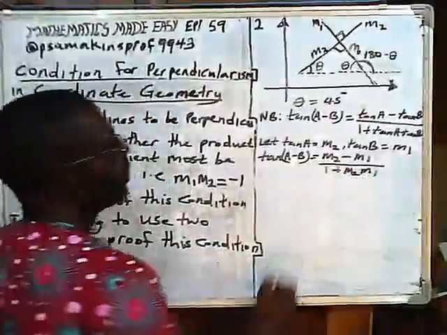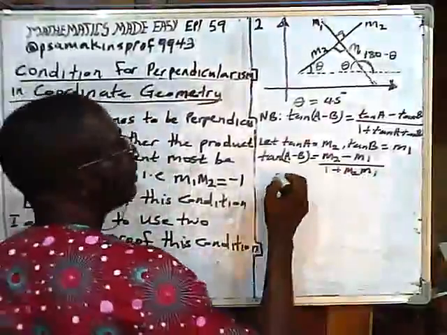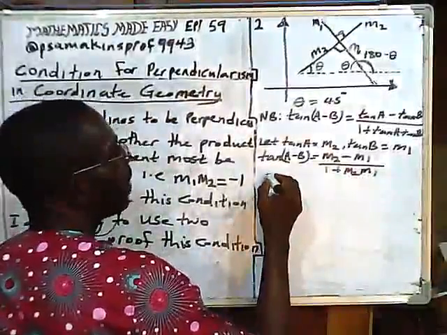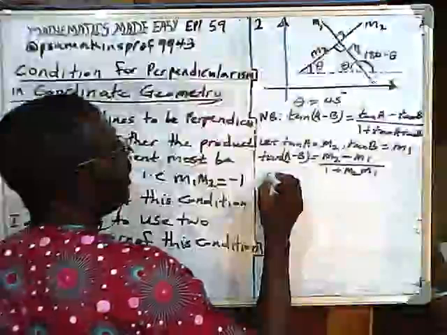Now let us look at if at maximum our B is 45 and our A is 180.